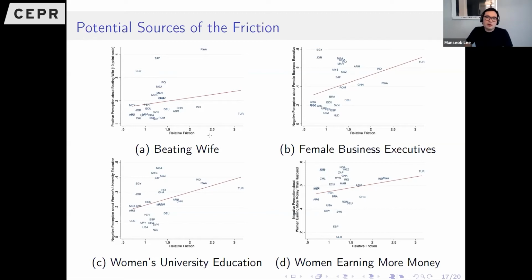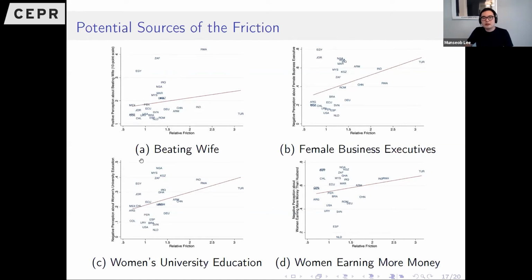It is somewhat correlated with this subjective perception: the positive perception on being a wife, negative perception on female business executives, negative perception on women's university education, and negative perception about women earning more money.